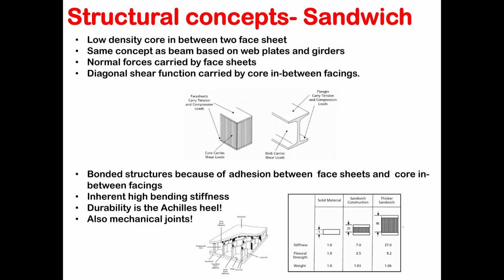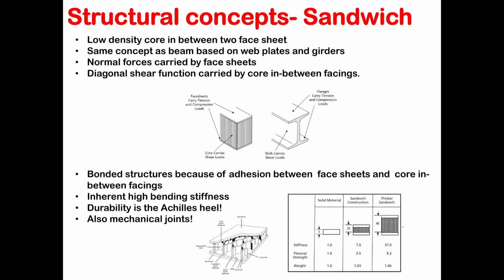The same is true for a 4 times thicker sandwich structure. You will have a 37 times stiffer structure, and your flexural rigidity is going to be 9.2 times higher than just a regular beam.